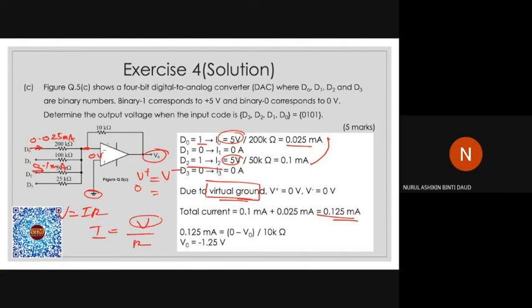V will be the potential difference, which is the input minus the output. So input is 0 minus V0, over 10 kilo ohms. Then rearrange this equation and you can find the V output is minus 1.25 volts.